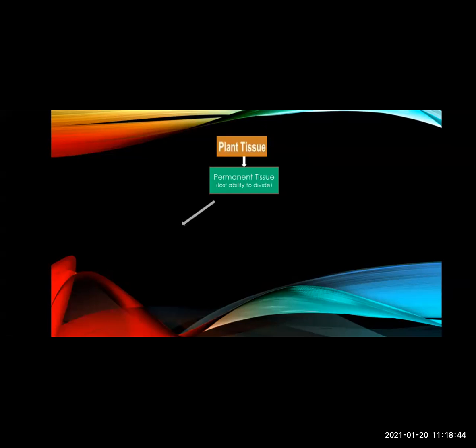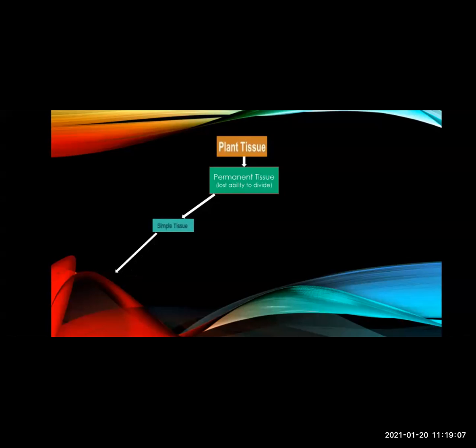In this, we have studied two major types. One is simple permanent tissue. When the permanent tissue consists of only one single cell type, it is known as simple tissue.